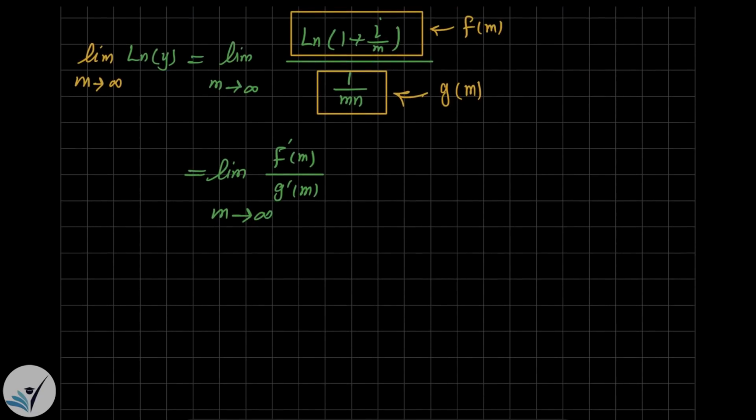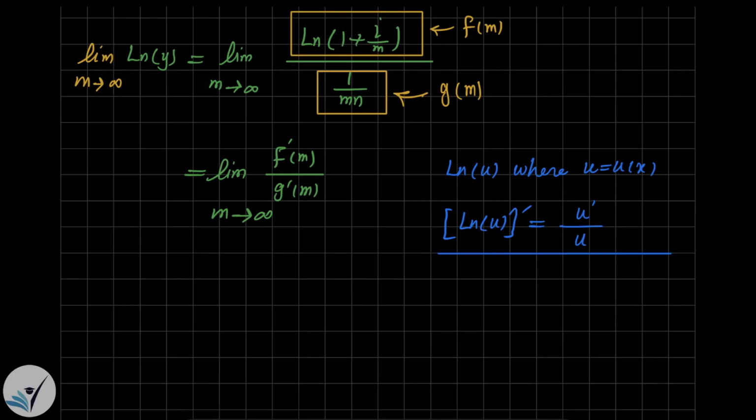Before continuing, I wanted to write a few reminders on the side. Whenever you have ln of u, where u is a function of x, then the derivative of ln of u is equal to u prime divided by u.